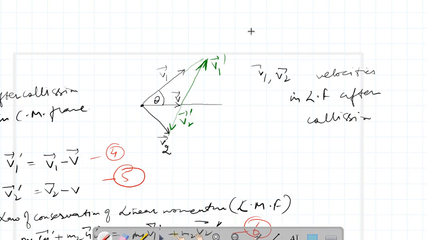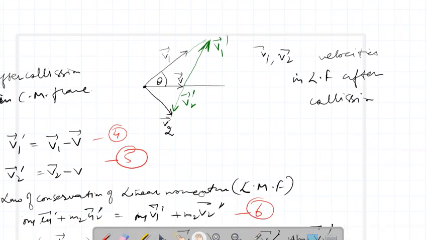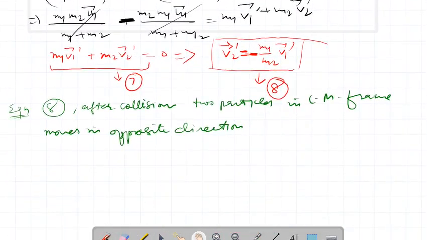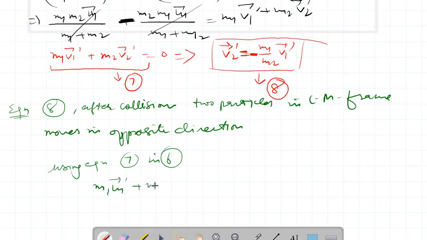And using equation 7 in equation 6, I'm getting that m1 u1' plus m2 u2' is equal to 0.